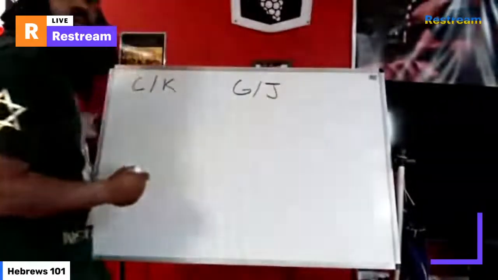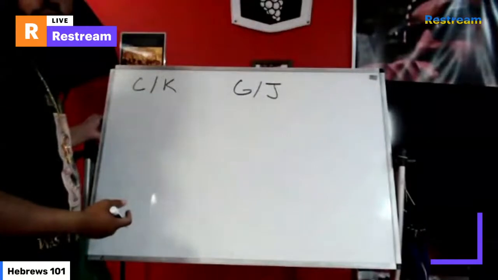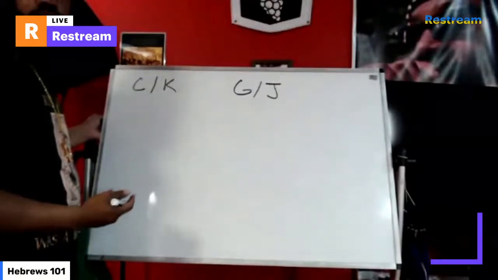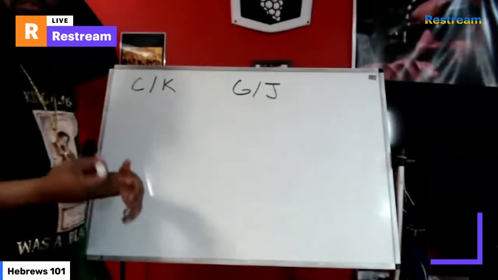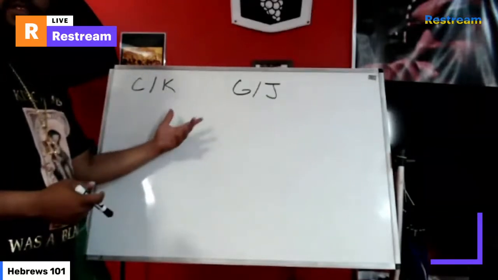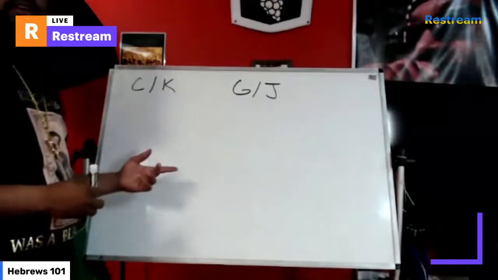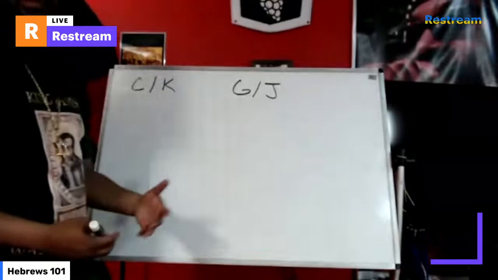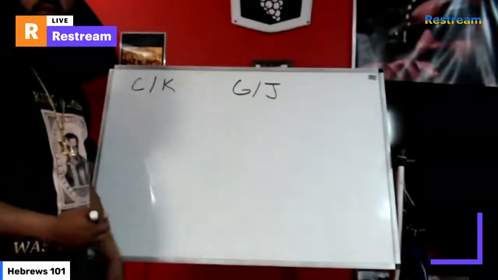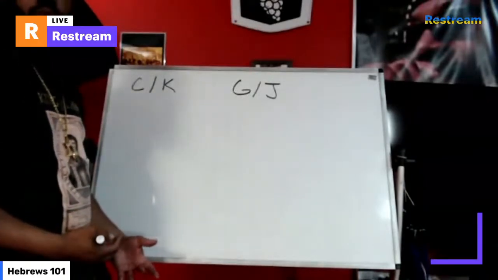You have C, you have K, and also you have G, and you have the J. So that's what I'm saying, as far as why they interchange, why they sound like that, that I can't answer. But it really depends on the word. Depends on the word, all right?